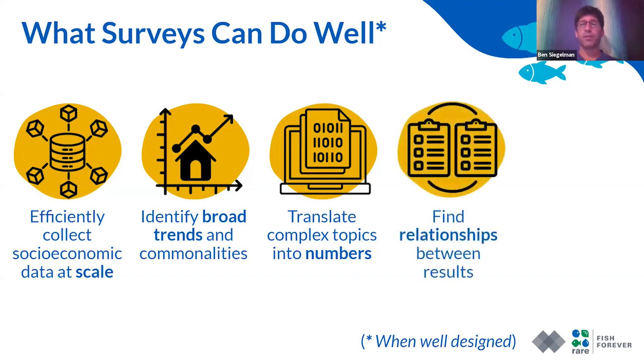And those numbers allow us to find relationships between results in a more direct way. So we can look for correlations, we can look for drivers, we can divide respondents demographically to see how different groups respond. And all of these are fairly simple statistical measures that we can do once that complicated data is turned into numbers.